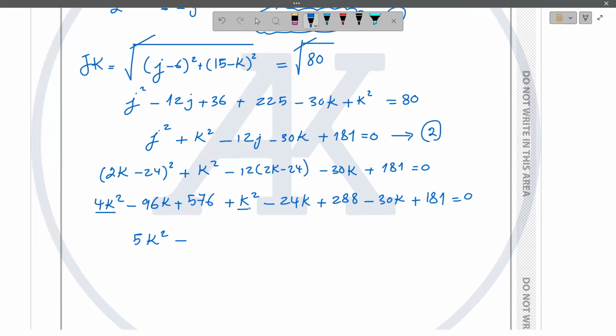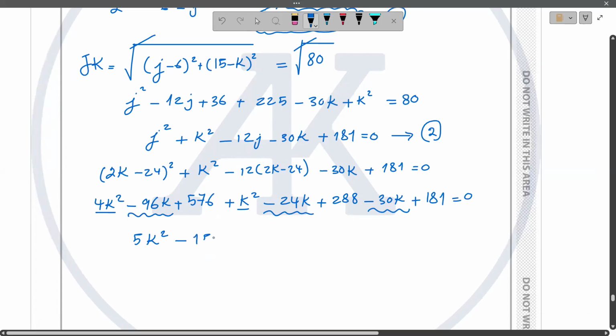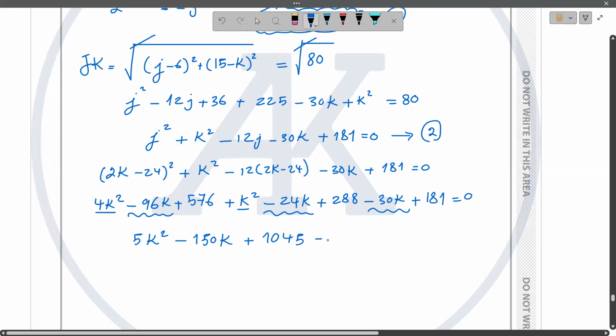Then the k terms: negative 96 minus 24 minus 30, negative 150k, plus 576 plus 288 plus 181 is 1045.